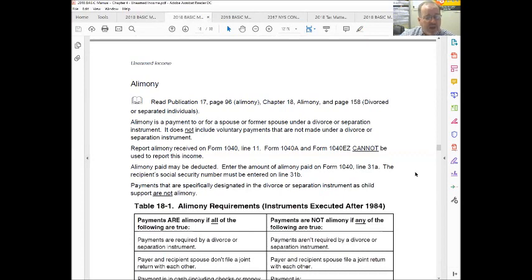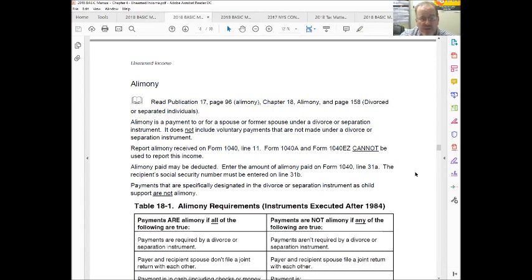And it's maintenance in the sense that it is equal to alimony. Maintenance for the upkeep of the home, as we think of the traditional word, is not alimony or income, okay? So basically, alimony is income, so if somebody is paid alimony of $1,000 a month, they have to claim $12,000 of income, okay?